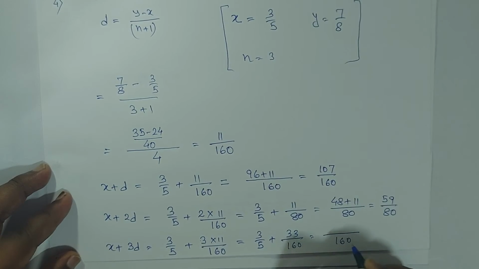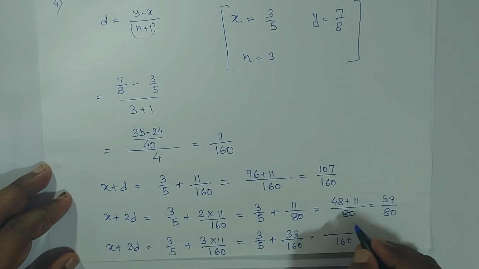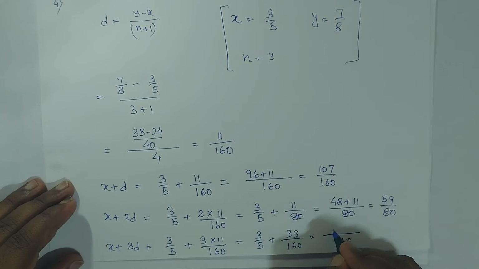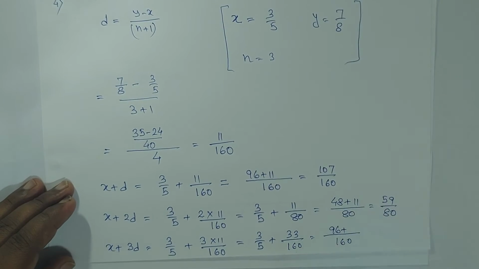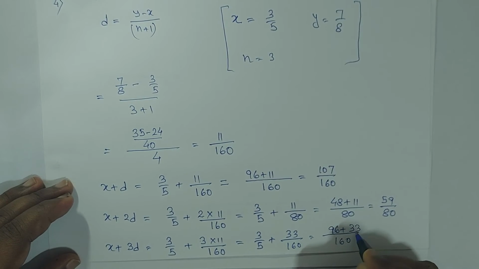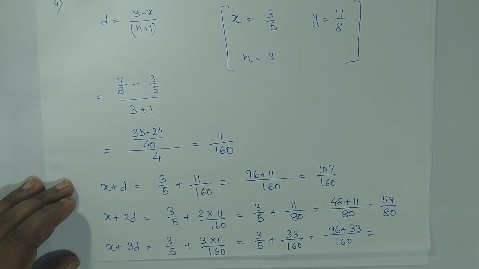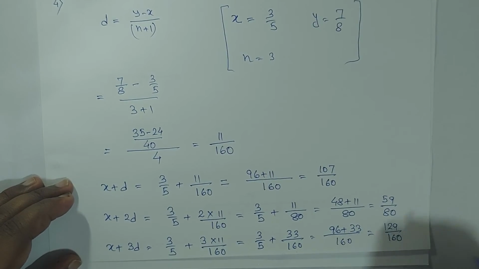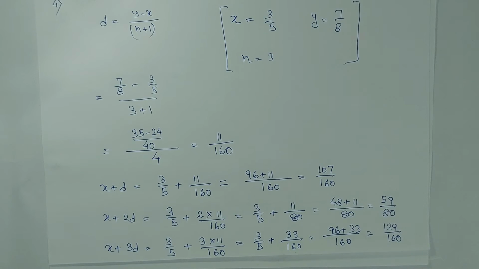The LCM will be 160, so this will be 96 plus 33, and if I add, it will be 129 by 160.